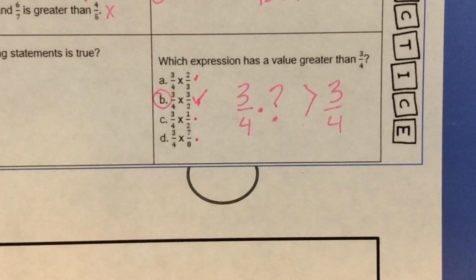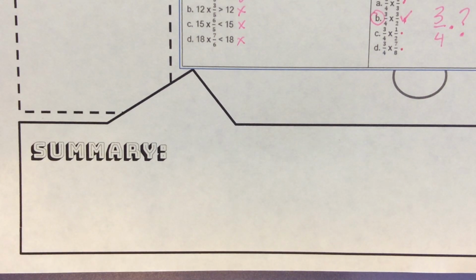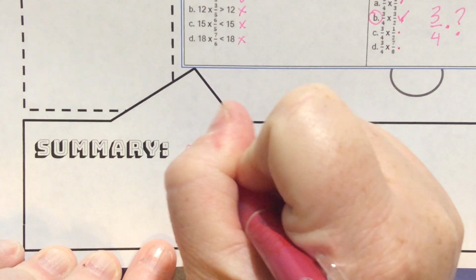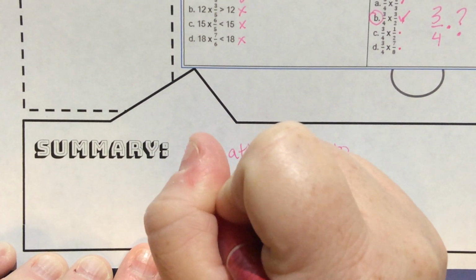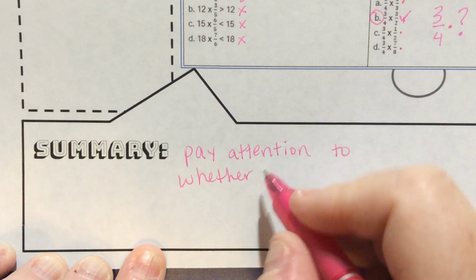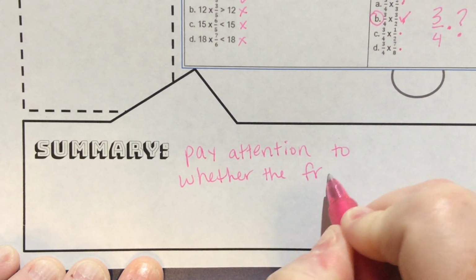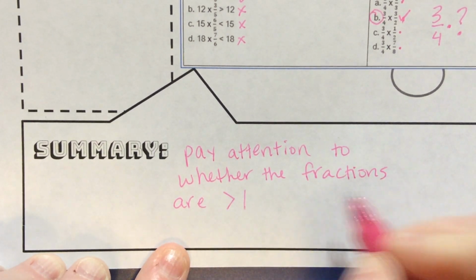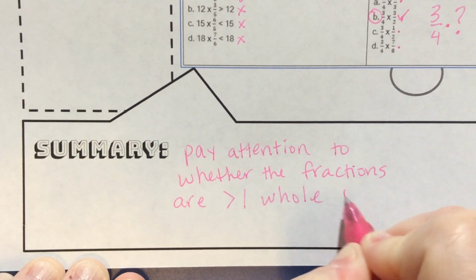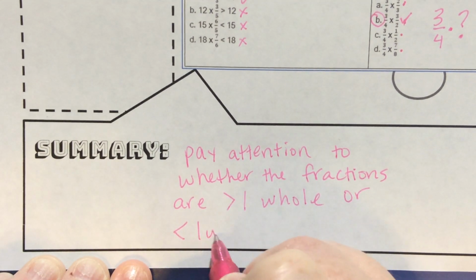All right, so what can I summarize here? What can I summarize at the bottom? For me, if I wanted to summarize this whole lesson, I would say, pay attention to whether, you can write your own summary if you want, the fractions are greater than 1 whole or less than 1 whole.